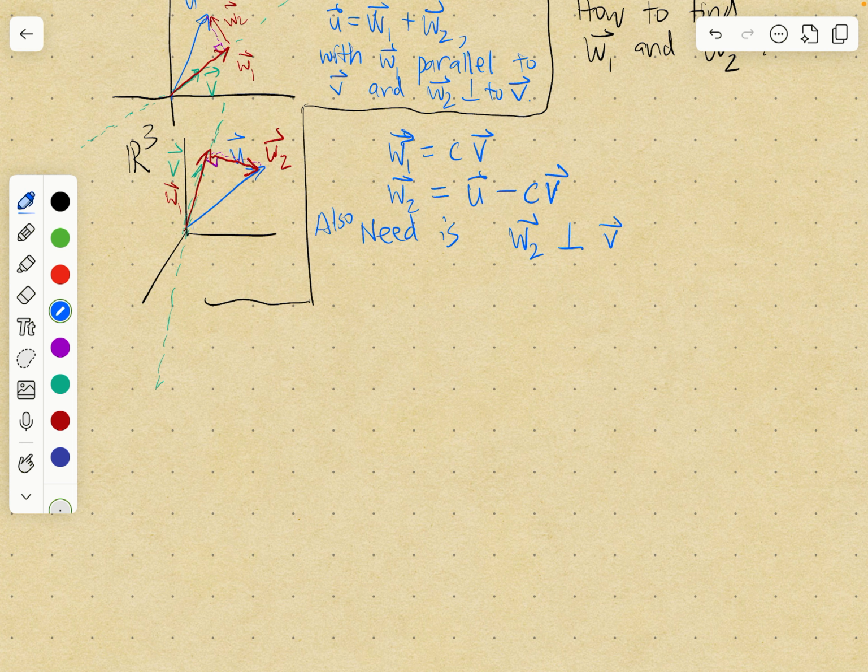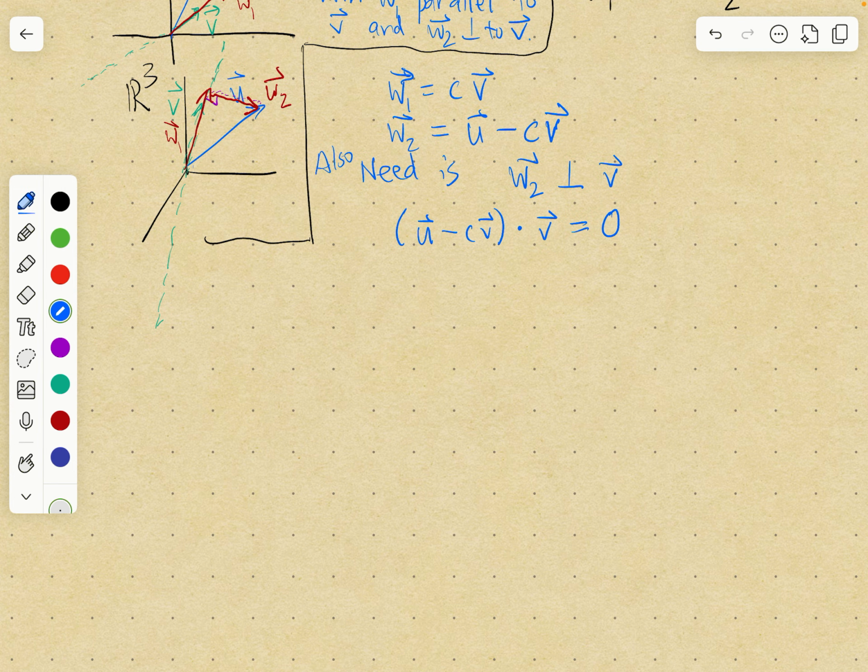Well, when you think of two vectors being perpendicular or orthogonal, we think of what? We think of the dot product being 0, right? So we need the dot product of w2 and v to equal 0. Well, w2 is u minus cv. And if that's orthogonal to v, that means the dot product with v has to be 0.